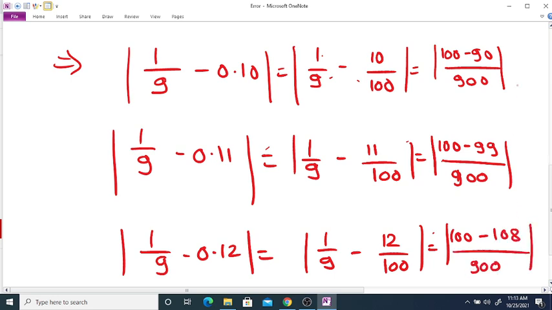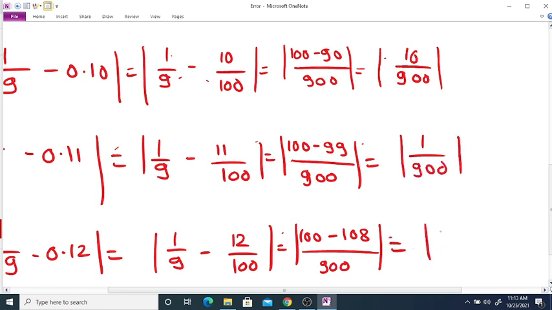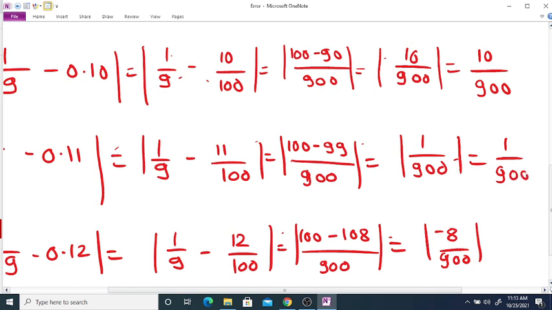Simplifying, it is equal to the modulus of 10 divided by 900, 1 divided by 900, and here minus 8 divided by 900. Now since modulus is always positive, this is 10 divided by 900, this is 1 divided by 900, and this is 8 divided by 900.